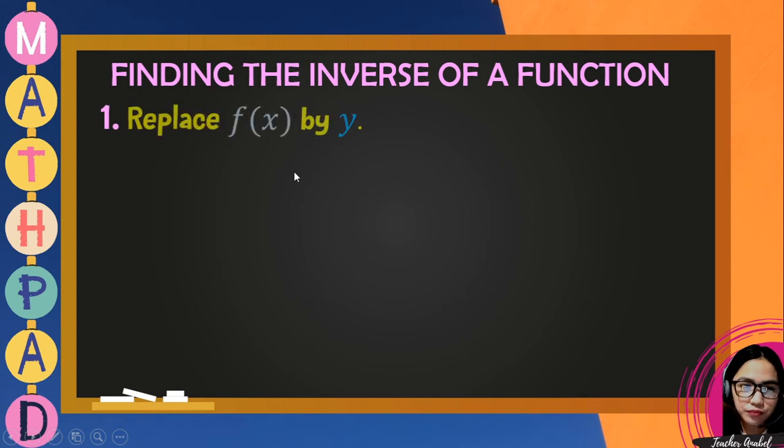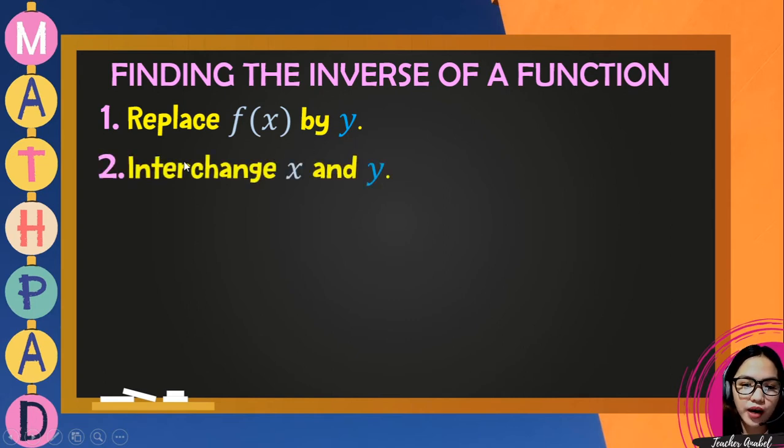First, we're going to replace f of x by y. So this is done to make the rest of the process easier. Mas madali kasi siyang isosolve kapag pinalitan natin yung f of x ng y. Diba? And then for the next step, we interchange x and y. So we're going to replace every x with a y, and we're going to replace every y with an x.